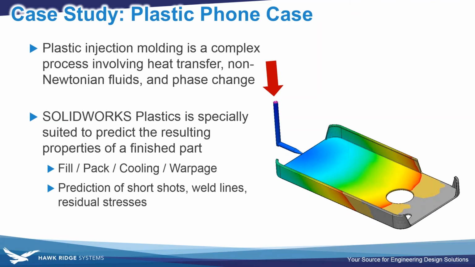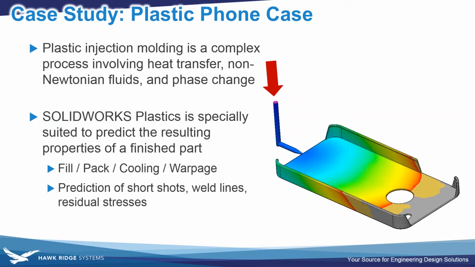It simulates the fill of an injection mold, filling up the cavities and runner system, the packing of that mold, which basically helps reduce the amount of shrinkage, and then the subsequent cooling and potential warpage, so that when the part comes out of the mold, you have a good estimate of what the deformed shape is going to be and whether it's still in spec.